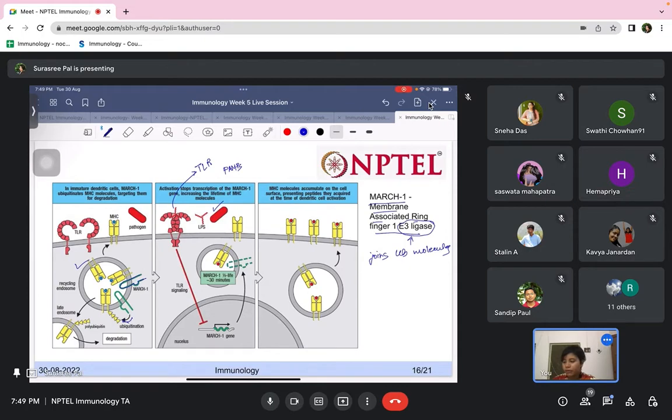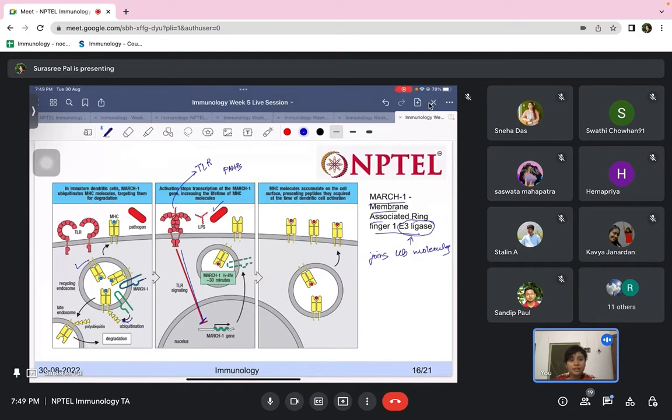Therefore this TLR will signal to block the expression from the March1 gene. So the half-life of the March1 will be reduced, and there will be very few March1 molecules present, because less expression takes place.